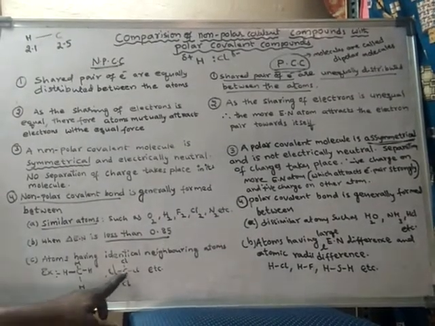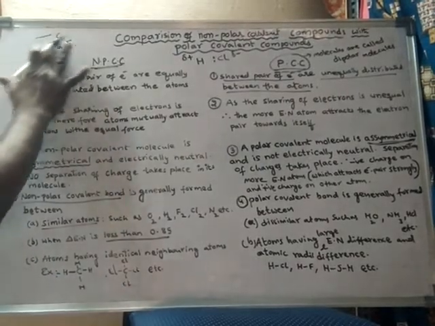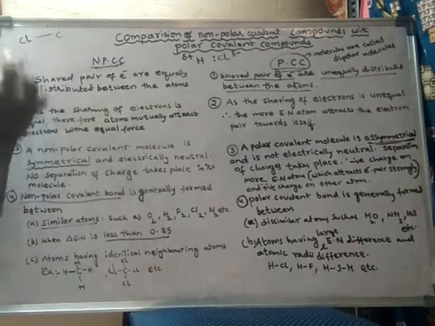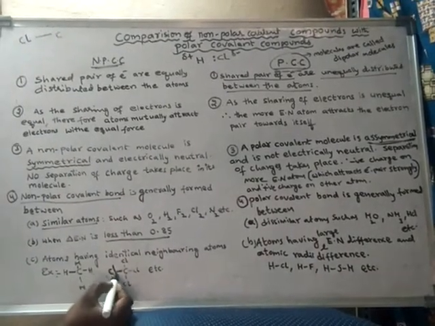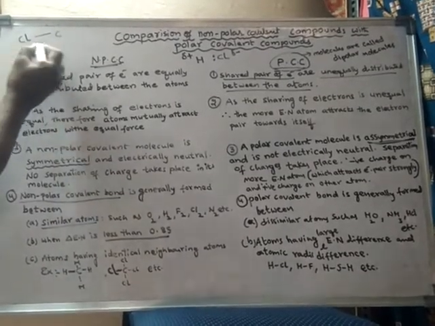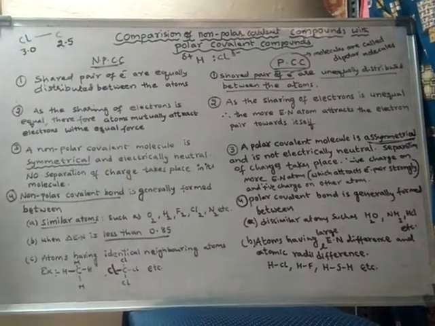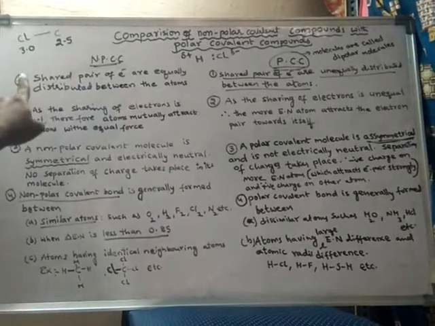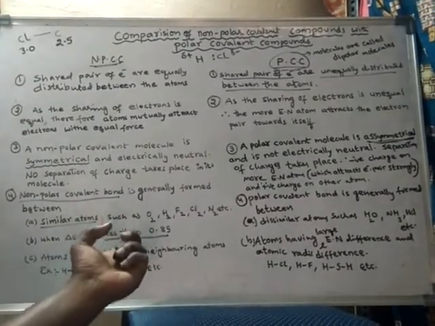Similarly, between carbon and chlorine, if you compare, the electronegativity of chlorine is 3.0, whereas carbon is 2.5. The electronegativity difference between carbon and chlorine is 0.5. 0.5 is less than 0.85.